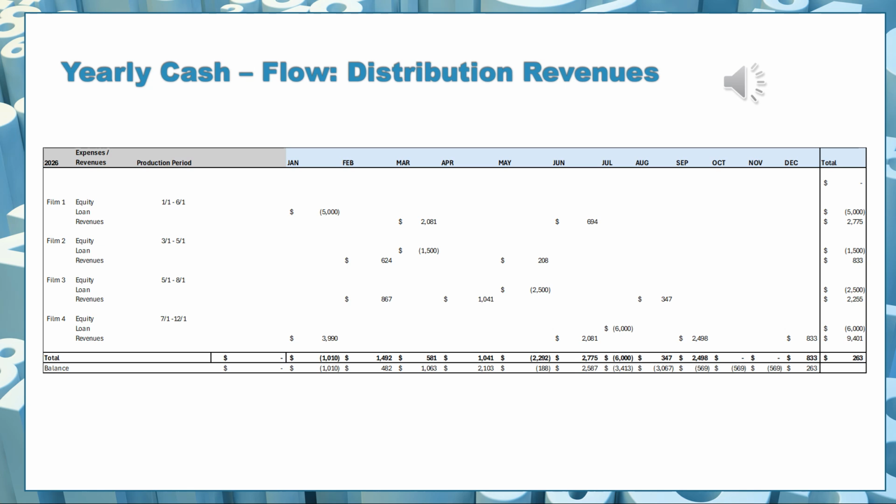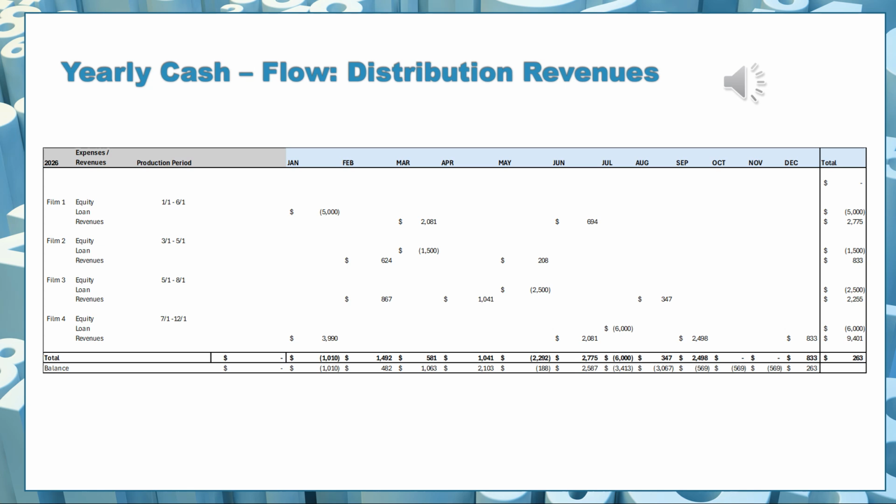And then the next thing happens in February. In February, I'm generating 2 distribution revenues coming in for film 2 and film 3 at $1,492,000. This will then also elevate my balance to $482,000 in February.